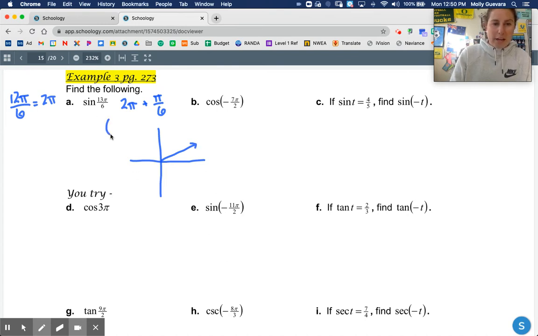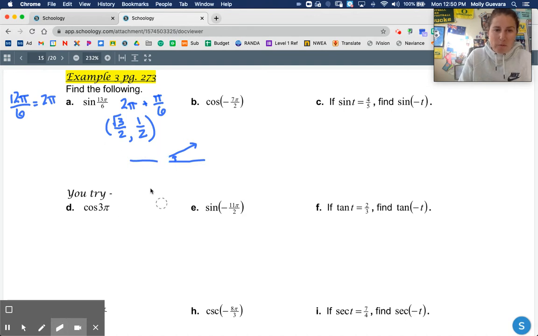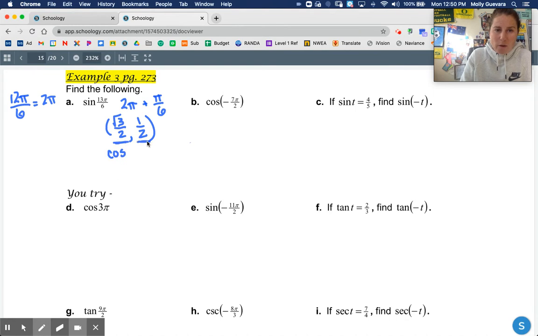The coordinate of that angle is root 3 over 2, comma 1 half. So we have to remember which one is sine and which one is cosine. The x-coordinate is always cosine, and the y-coordinate is always sine. So if I want sine of this angle, it's just 1 half. And that's it.